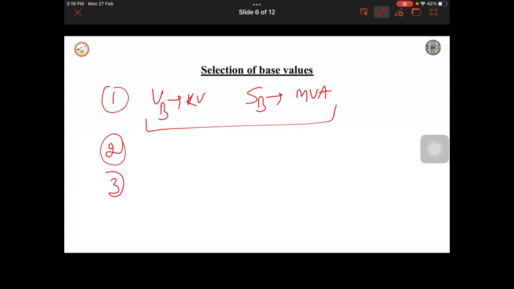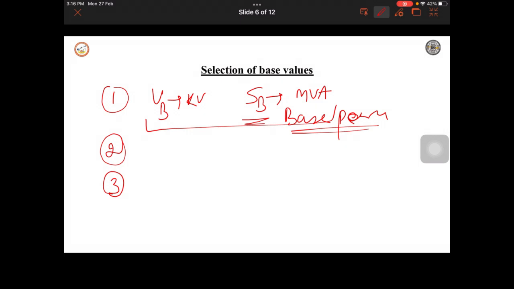The third consideration is SB, that is the base power remains same throughout the system, but the VB value changes in the power system sections, because of the transformers.